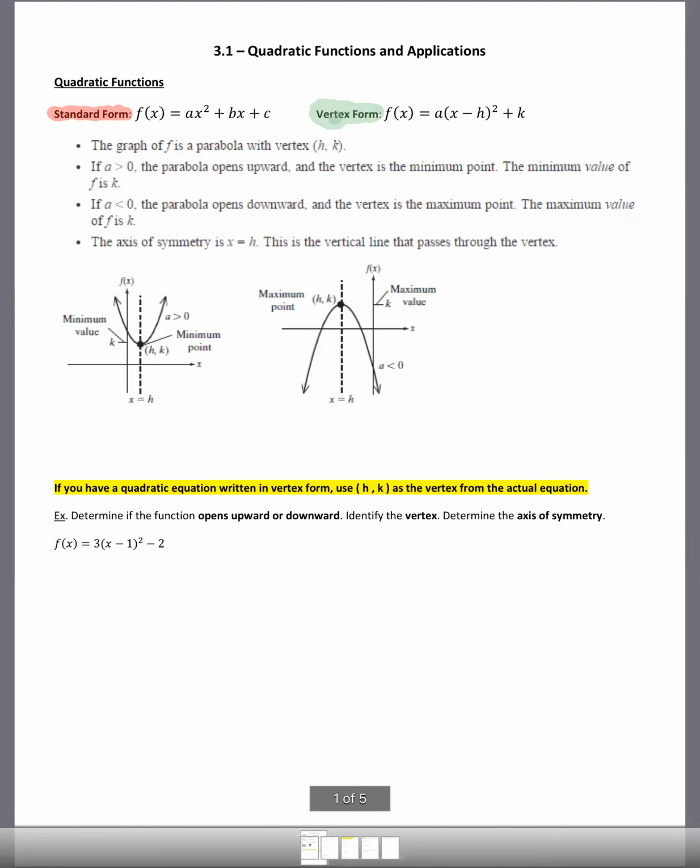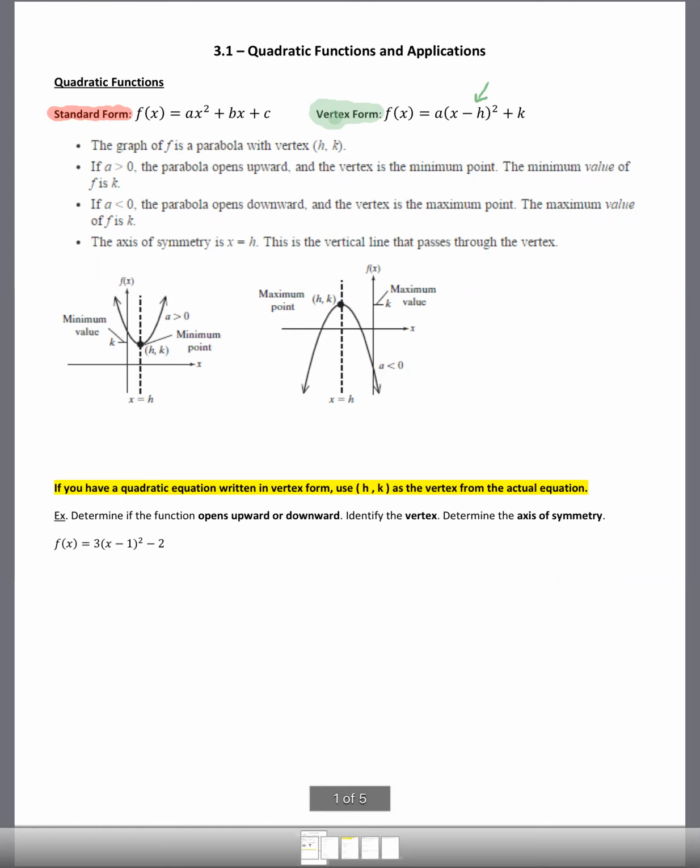The vertex form looks a little more familiar to us because this actually looks like someone is talking about transformations. Back from our past, we know that in transformations, the h value here would tell us if we were going to have a horizontal transformation.